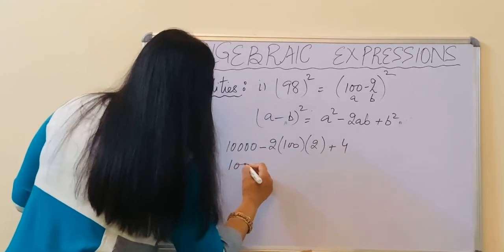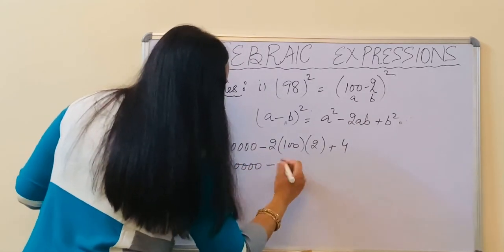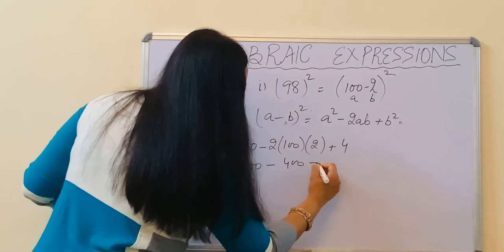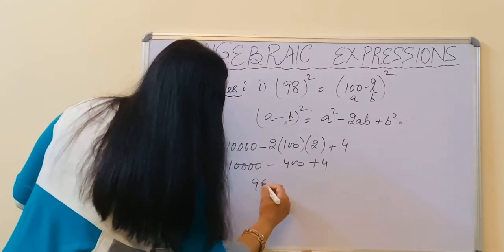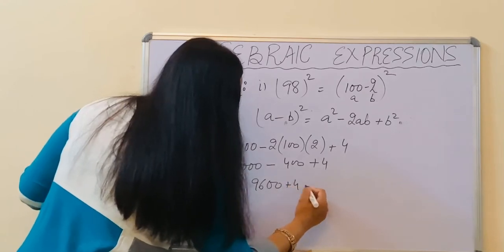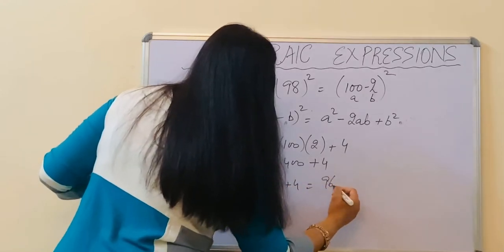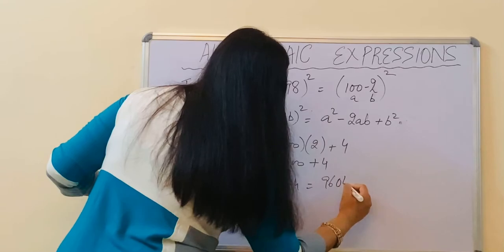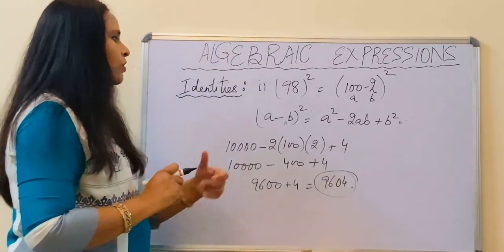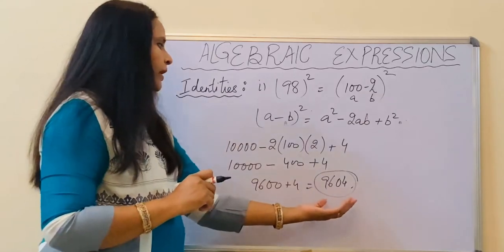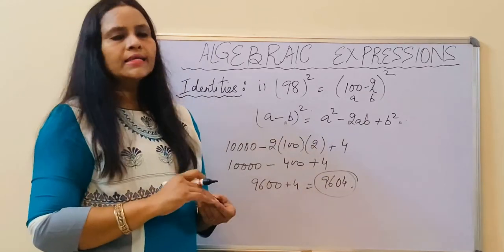What will we have? 10,000 minus 400 plus 4. 10,000 minus 400 means 9,600, plus 4. The answer will be 9,604. Using the identity, we can reach here very easily.